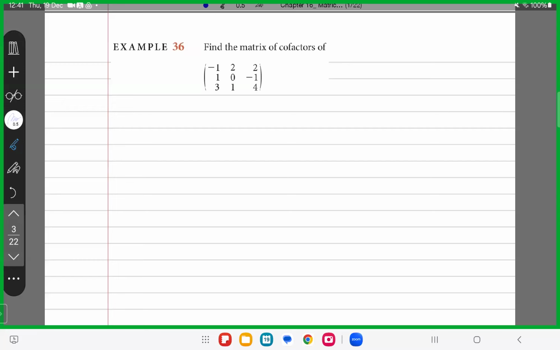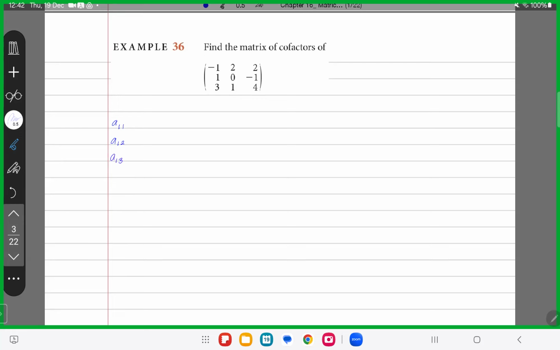All right, so example 36 says find the matrix of cofactors. So let's find the cofactor of every element. The first row, right?